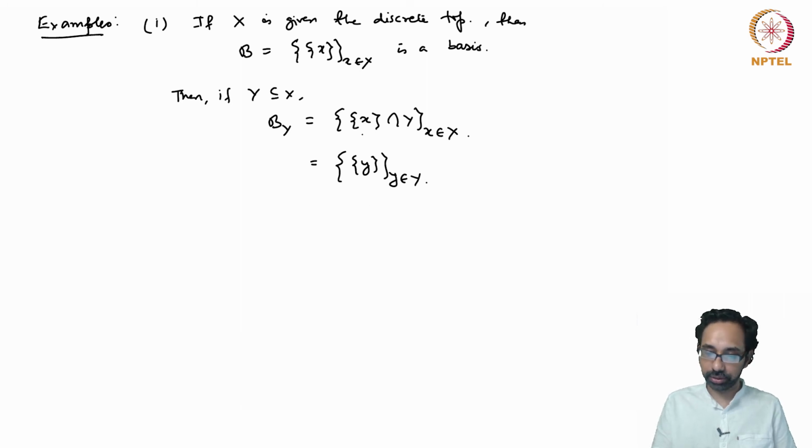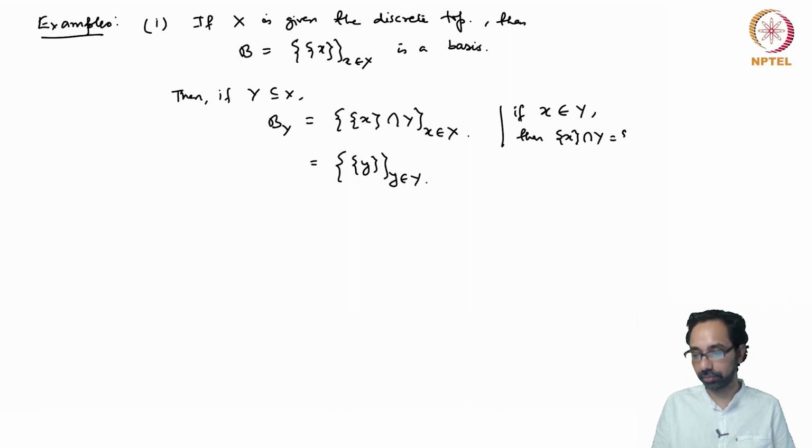Why is this? Because, well, if X belongs to Y, then the singleton set X intersection with Y is nothing but the singleton set X itself. And if X does not belong to Y, then the intersection is the empty set.